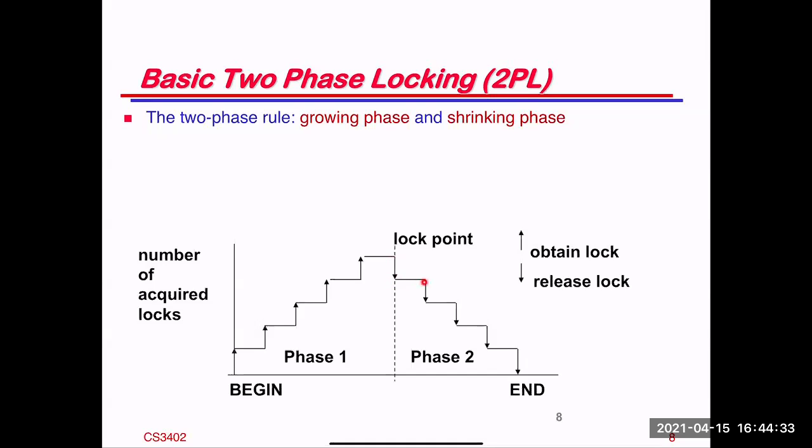From that point on, I can only start releasing all the other locks. I can never go back up. That's why there's this growing phase, which is this part here, and the shrinking phase.